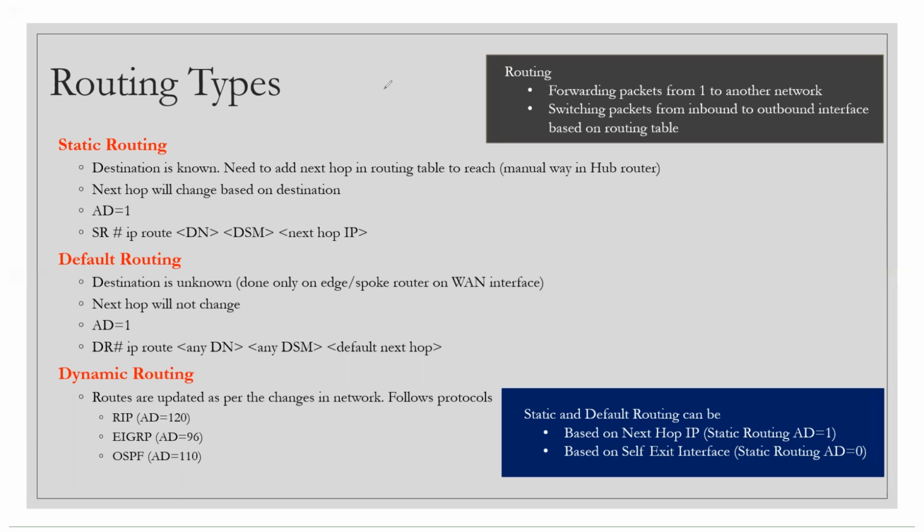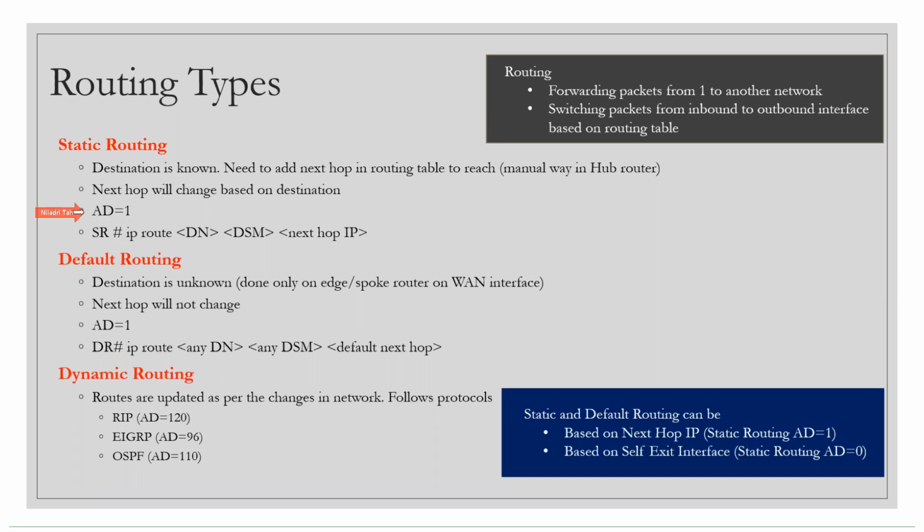Let me just pick up an annotation here. Your AD is 1. That means the administrative distance for static routing is 1, which we have seen in the earlier labs as well. Each of the ways of routing, or the protocols, has some default AD assigned to it.